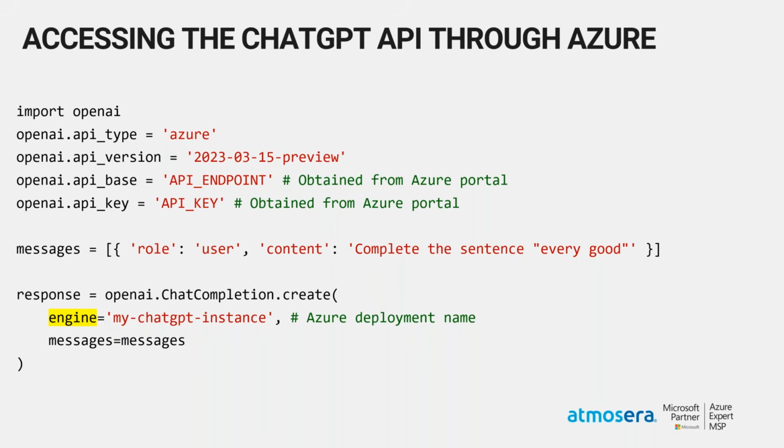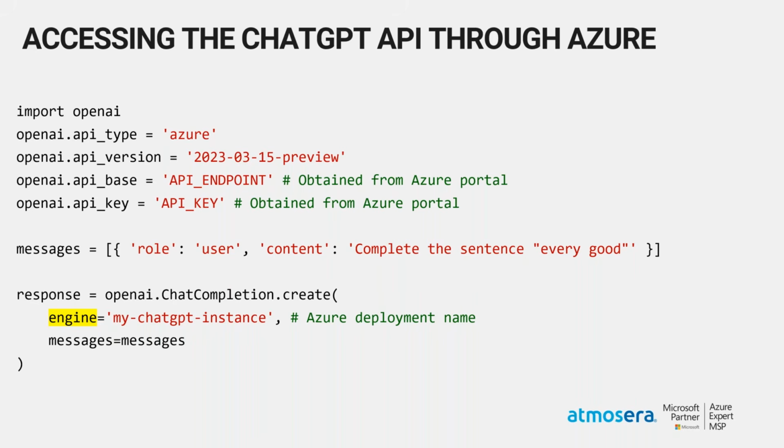Now, I go out to the Azure portal after I've created an OpenAI resource and deployed one or more models into it. And from the portal, I get an endpoint, the URL through which I can reach the model, and an API key. I provide those to OpenAI this way, and then I use the same chatcompletion.create API to send off calls to my own private instance of ChatGPT.